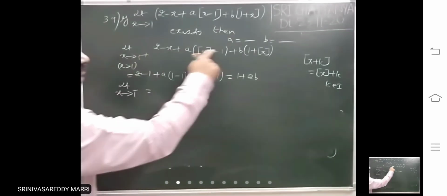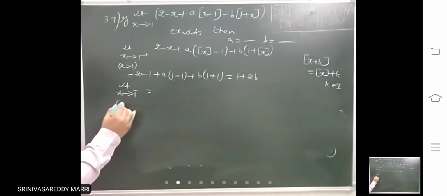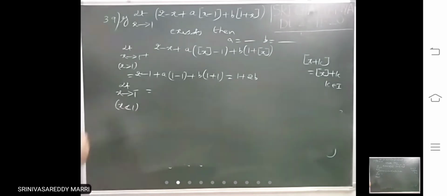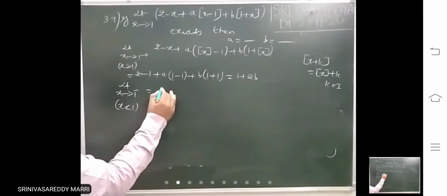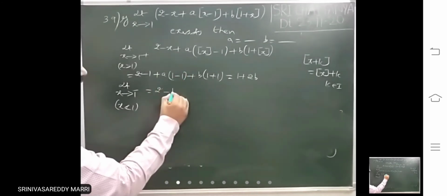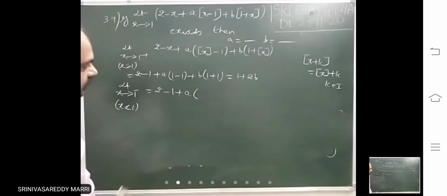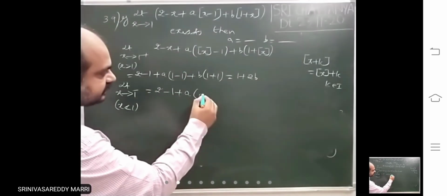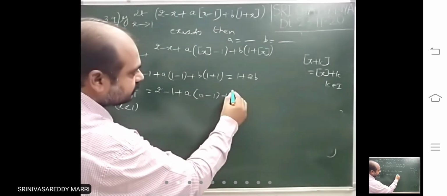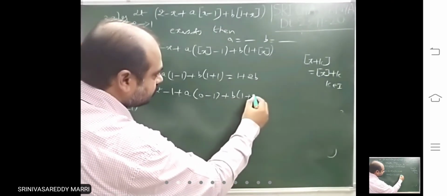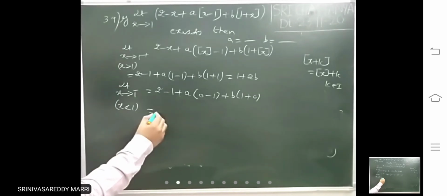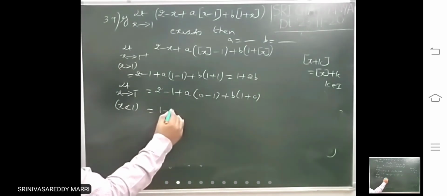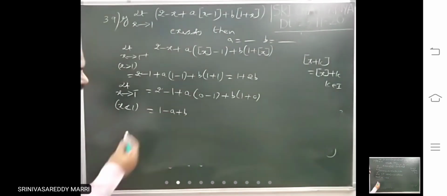One minus, same thing will be there. x is less than 1, that means 0.9999 approximately. So you will get 2 minus [x] is 1 only. So that means you will get 0 here. That means you will get 1 minus a plus b.